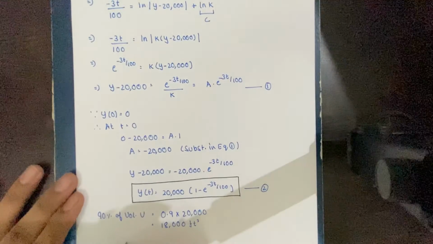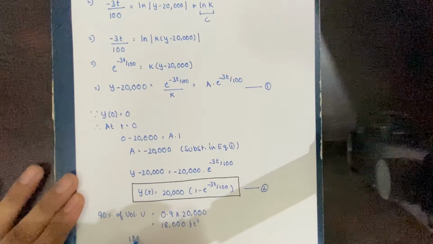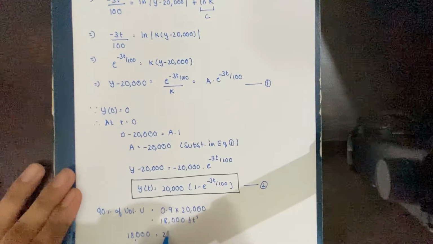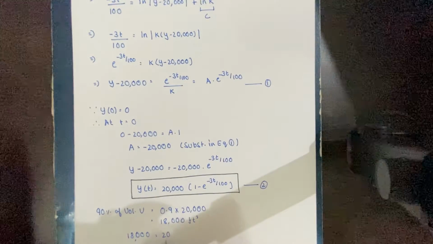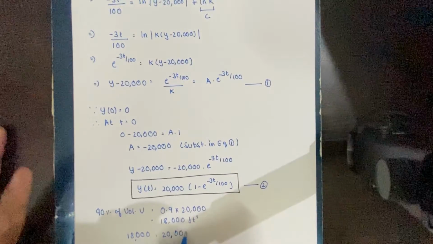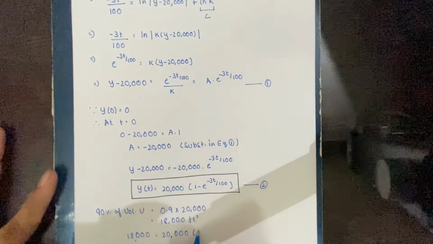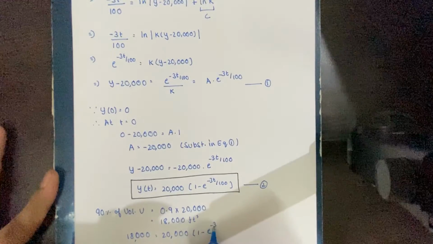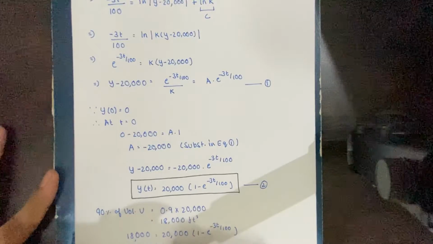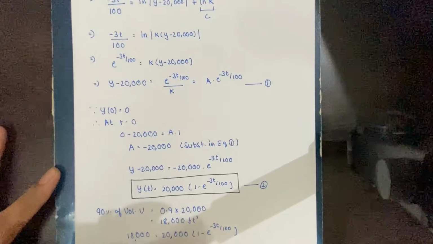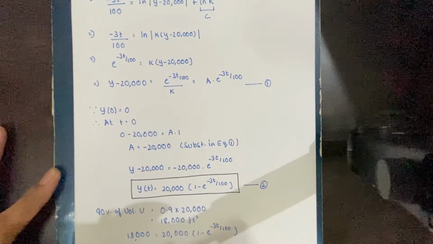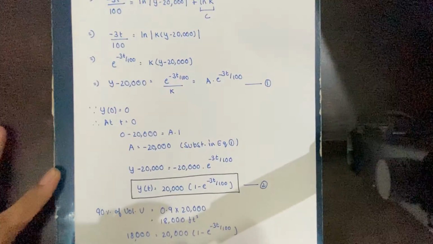So 18,000 equals 20,000 times 1 minus e power minus 3t by 100. When I bring this to the left hand side, I get 0.9 equals 1 minus e power minus 3t by 100.